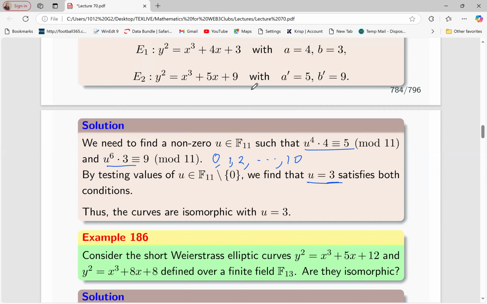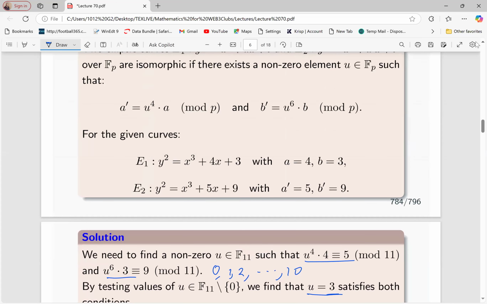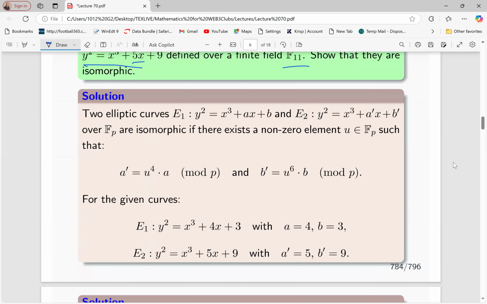Let's just verify that 3 is the u. Let's verify that very fast. Go back to our formula.